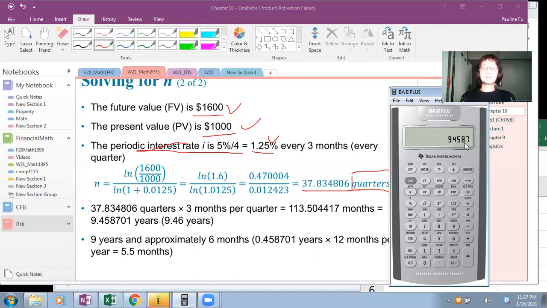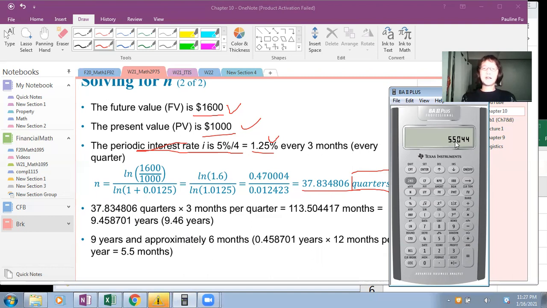If you want to know exactly how many years and months, obviously it is 9 years and then 0.4587 years. So convert this decimal part into months: subtract 9 to get the decimal part, then multiply by 12 to get months.